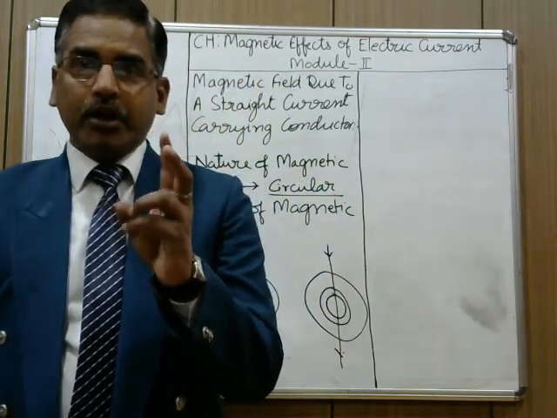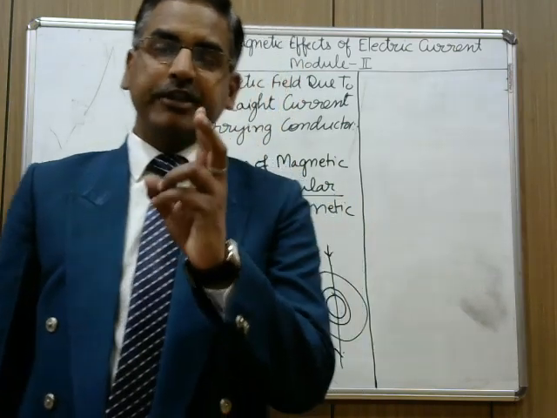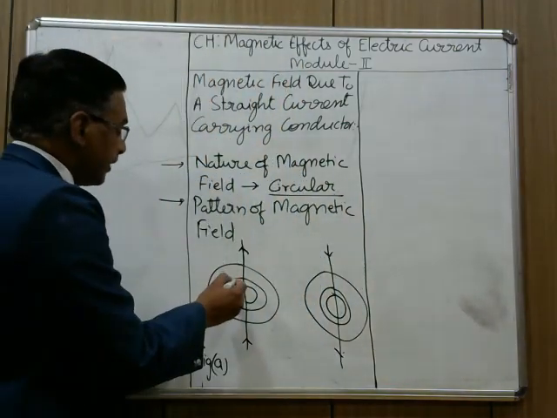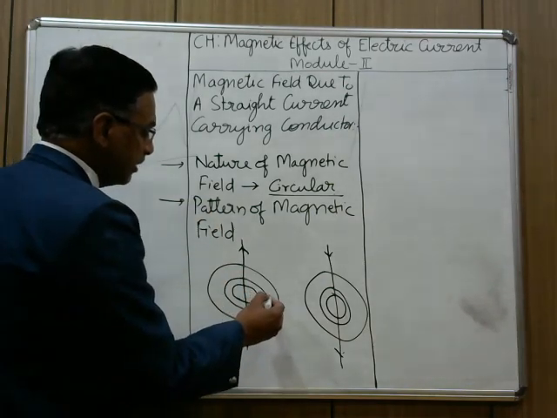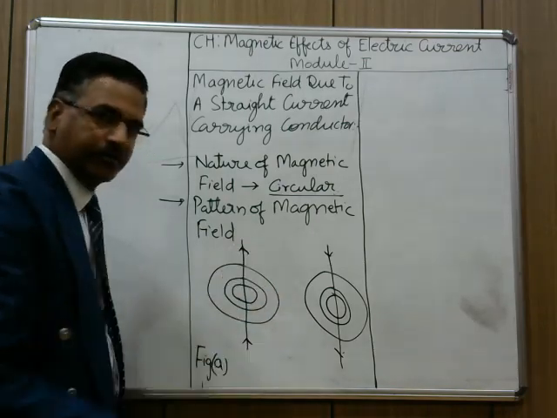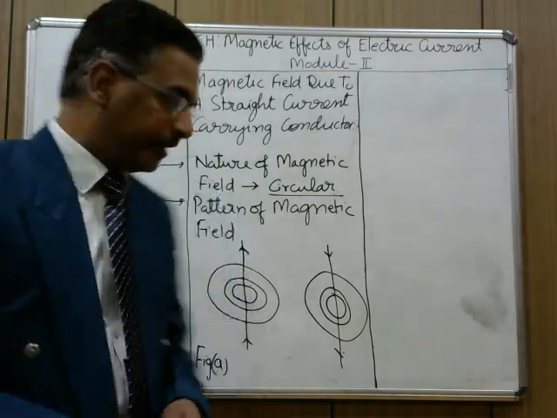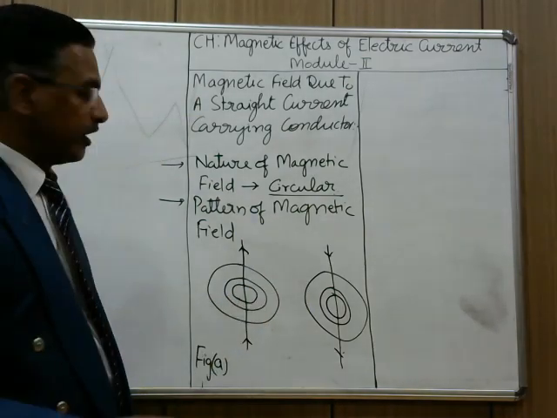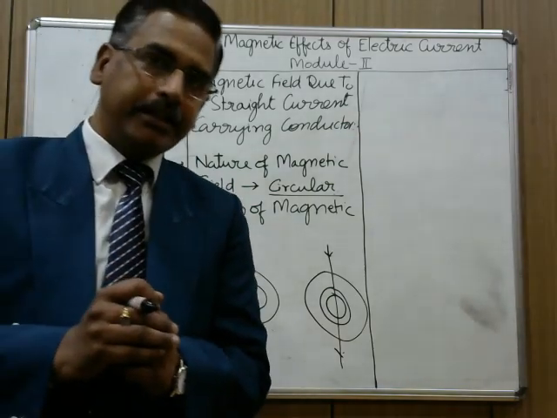There are two important points which you need to take care of. First, the separation between two magnetic lines of force: as you can see, this separation is smaller than this, which I told you in case of the magnetic field produced by a bar magnet. This separation will go on increasing. Second, how to mark the direction of magnetic field.